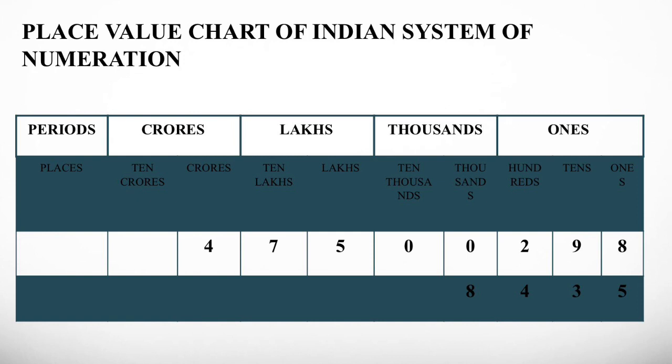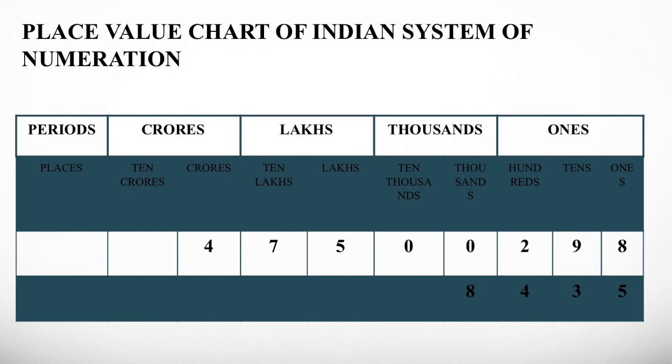Thus, if we take a number for example, 4,75,00,298, then we will be reading this number after arranging it in the place value chart as 4 crores 75 lakhs 298 with 00 in between.